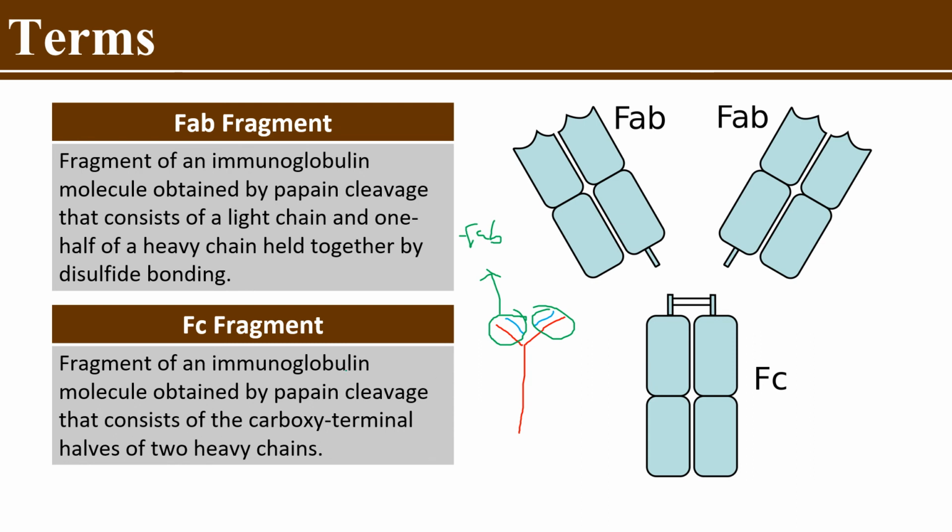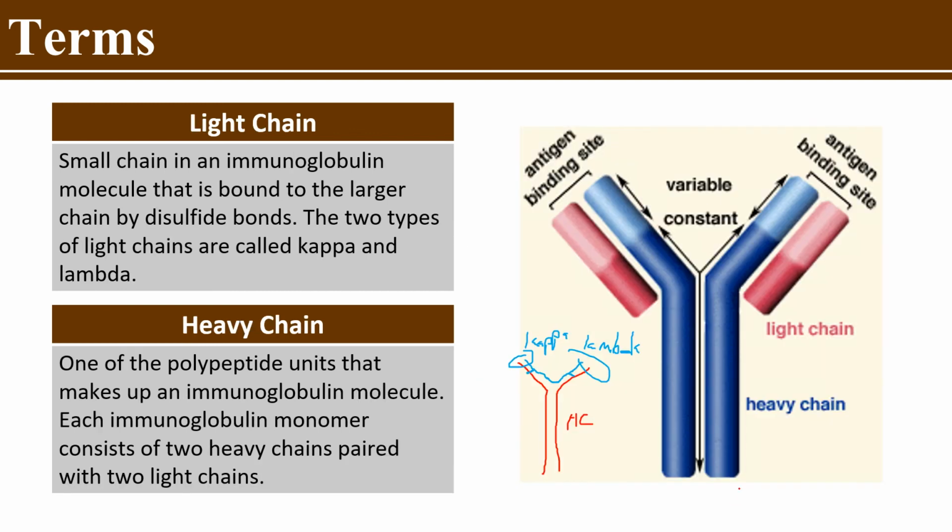fragment. And your Fc fragment, class, is a fragment of an immunoglobulin molecule obtained by papain cleavage that consists of two carboxy terminal halves of two heavy chains. So this is your Fc fragment. Let's go back to the slide for better understanding. This is the entire Fab fragment.